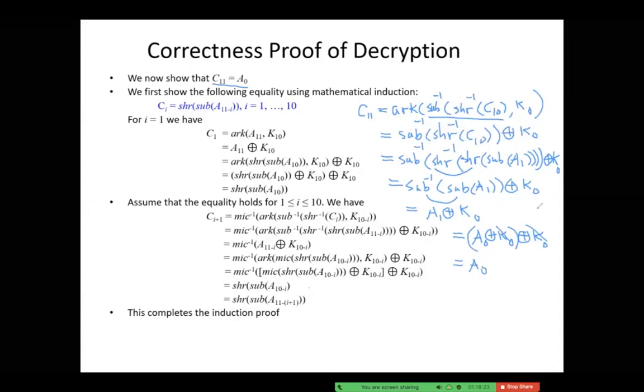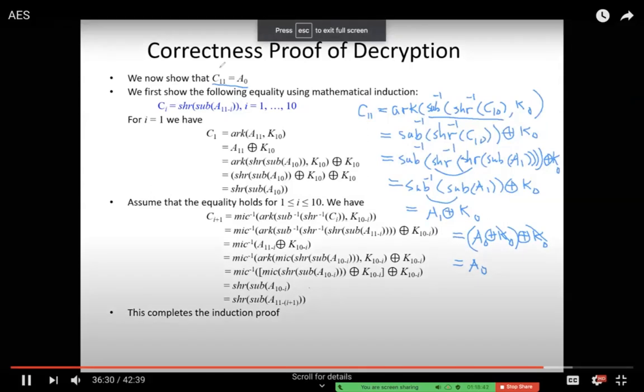The same thing, exclusive or itself. K0 exclusive or itself is 0, okay? So that is why, if we prove this, then we can show the correctness of AES decryption.